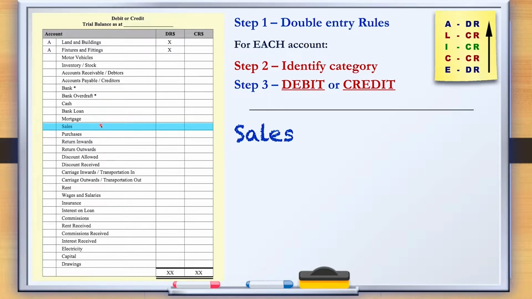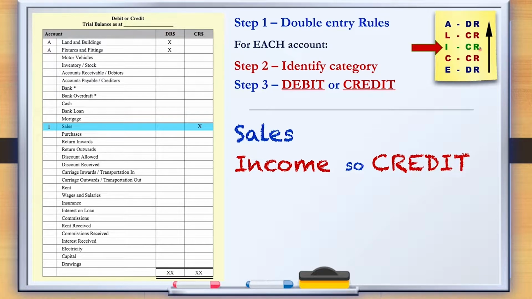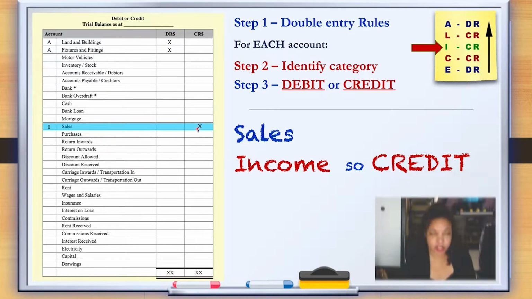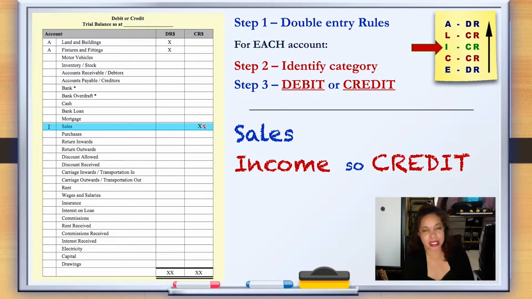You can think this out whilst I am asking about it. Which one of ALICE is it? Sales is income. So because it is income, what does it state here? It will be placed in the credit column. So when you have your values, your amounts, the amount will go here, not an X. We only have an X here representing which column because we don't have values, okay?